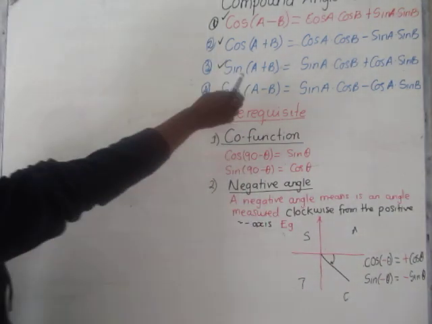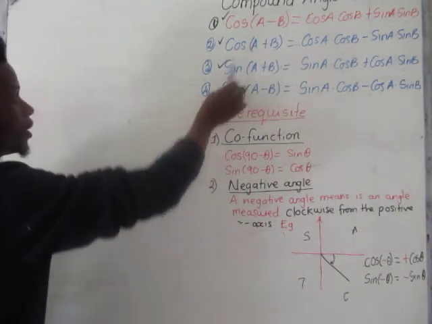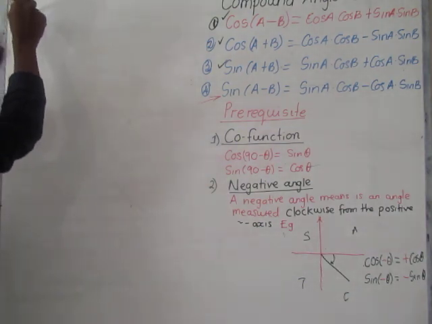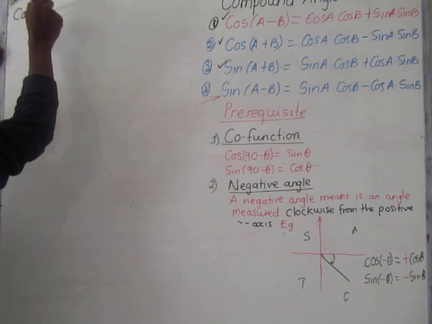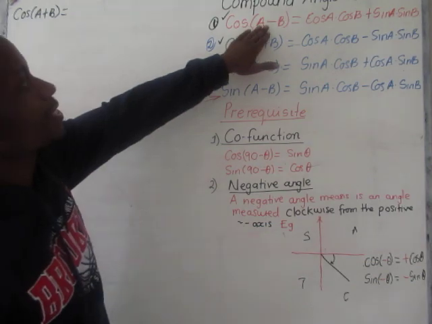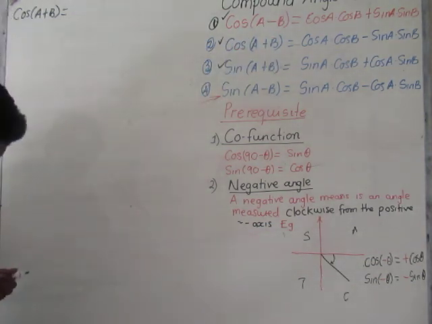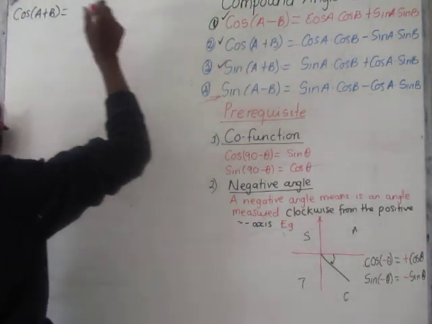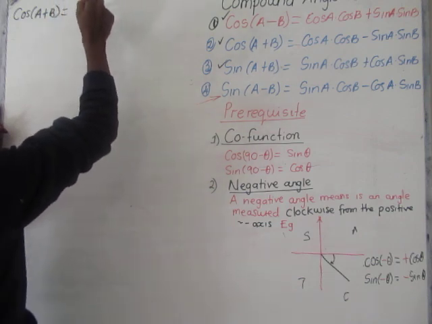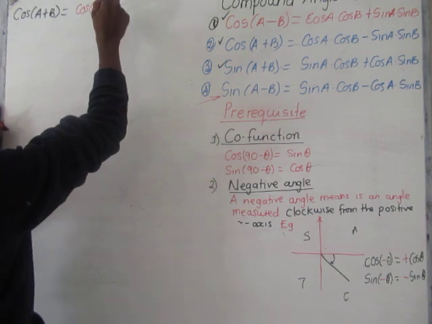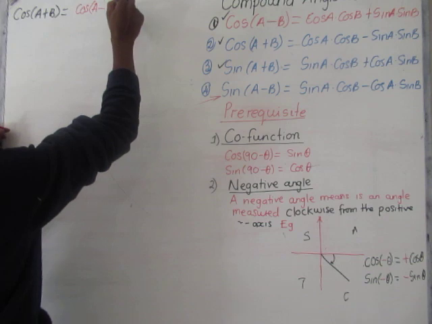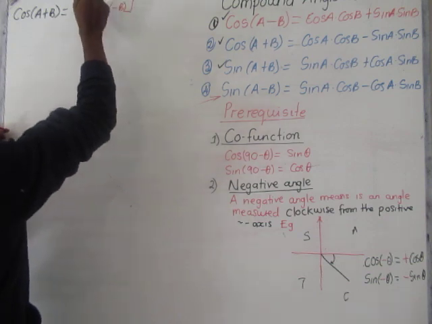How can we derive cos(A + B) using this? We know that cos(A + B) can be written using this connection as cos(A − (−B)).